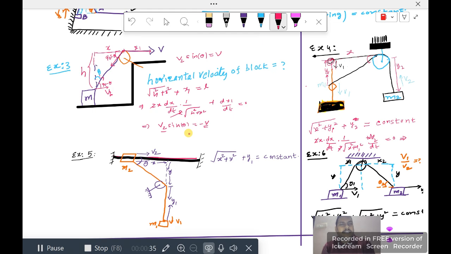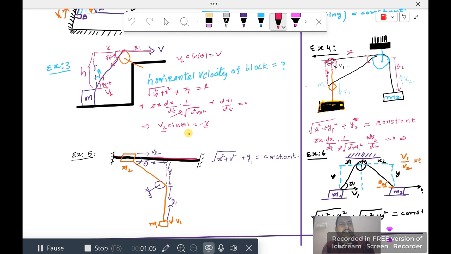Now h is constant, so I am differentiating with respect to t, 2x into dx by dt into 1 by root, you know the answer. So this is common everywhere. So dx1 by dt equals v, and dx by dt represents v2. Here x is the variable representing the motion of m. Therefore, dx by dt is v2.